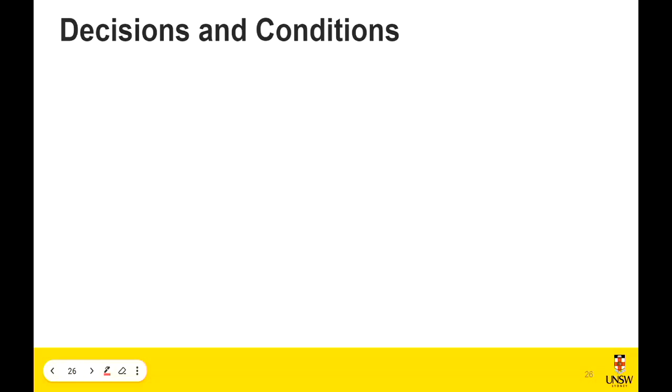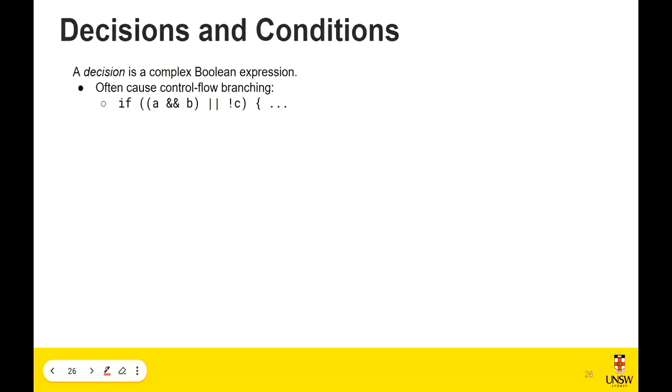Before we come into the actual coverage metric, let's first consider what is a decision and what is a condition. A decision is actually a complex Boolean expression. It is often used for control flow branching. For example, we can use decisions in loops and in if and else statements.